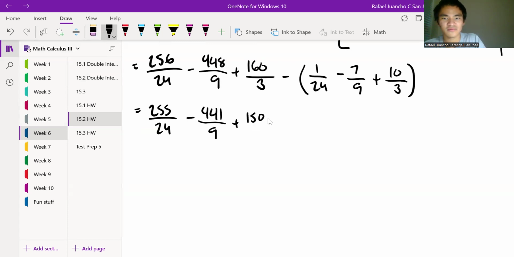Actually, let me leave it like this. Now I put all of them to 24-ish. Can't do that. What's the denominator? This is 24. I can divide it by 3 again. 8 maybe. Common denominator.